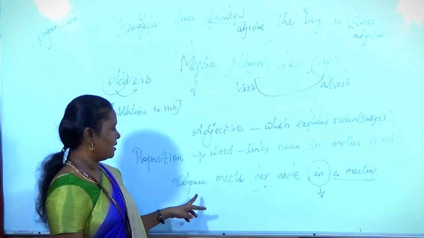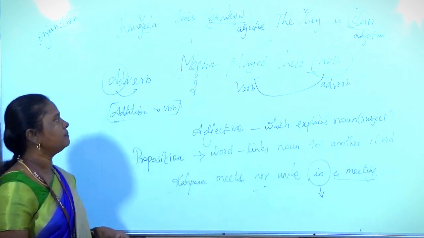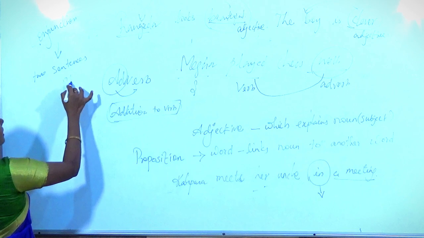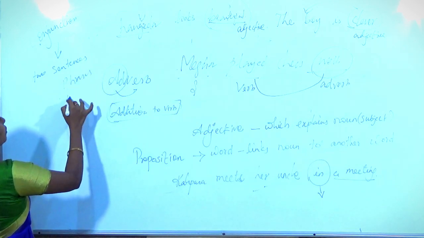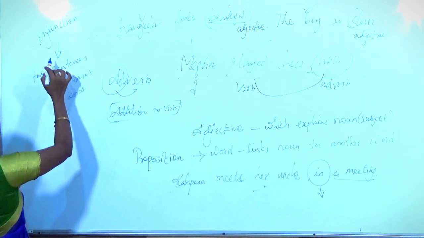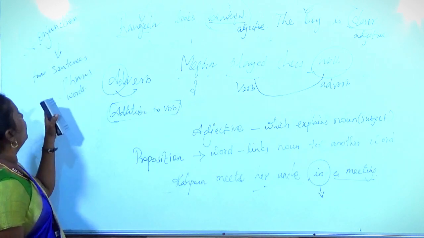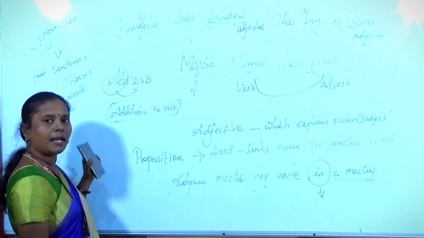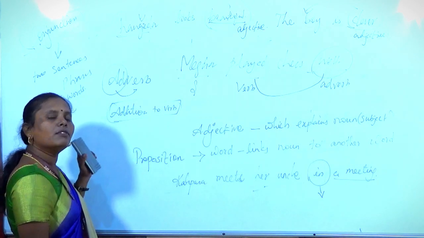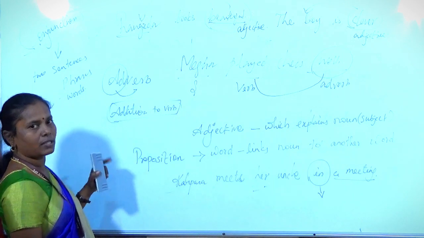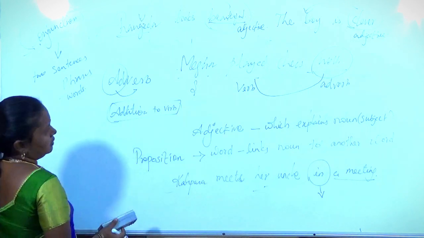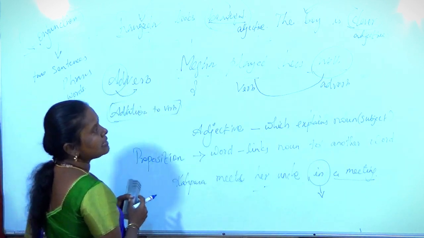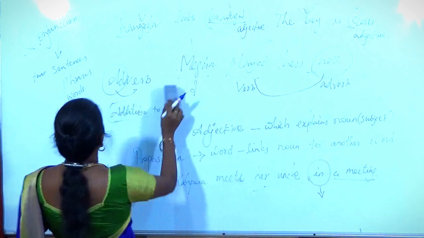That is conjunction, which connects two sentences, two verbs, two phrases, or two words. And the last one, not the least but very easy to understand, is interjection.